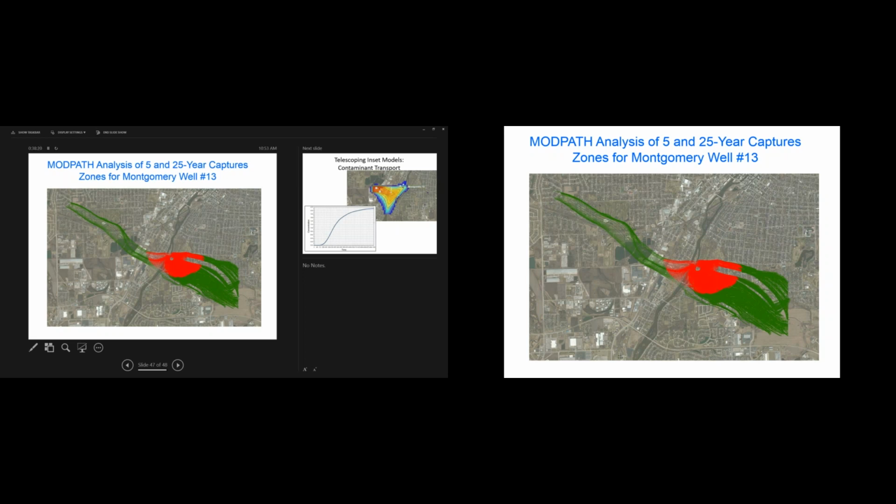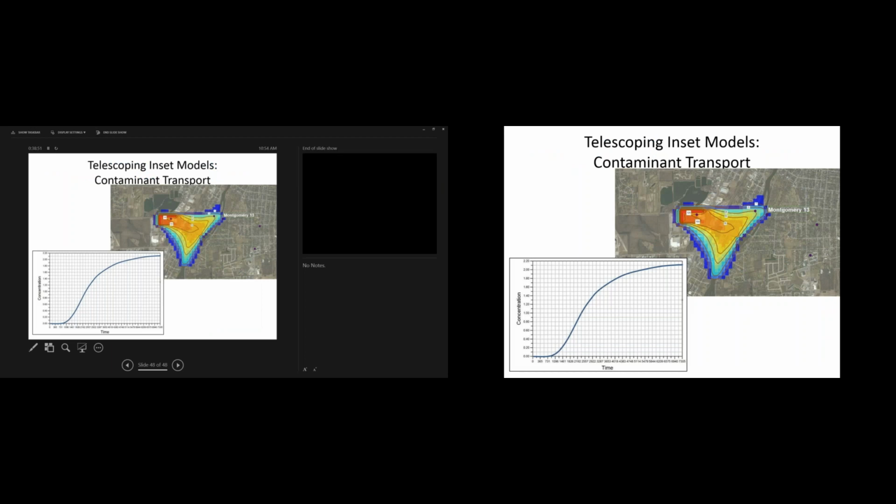These are reverse path lines, and it shows you where the zone of contribution to the well is. Now this is interesting because this well got contaminated by a company that makes all the furniture that you're sitting on, All Steel, a big furniture company.